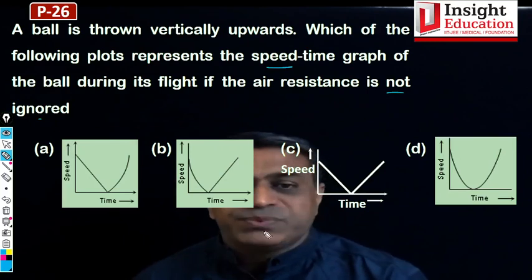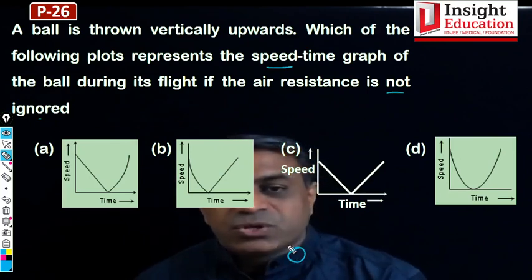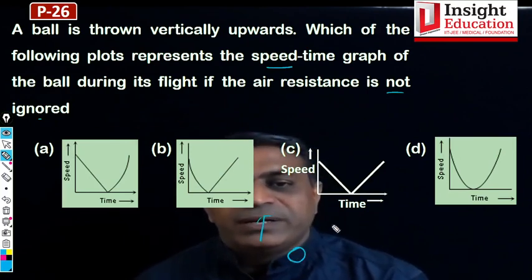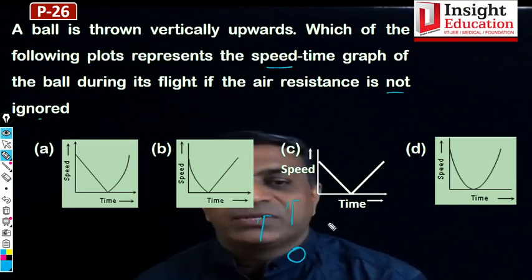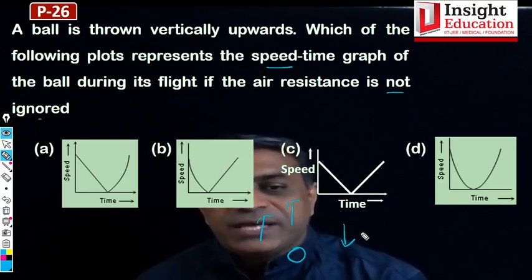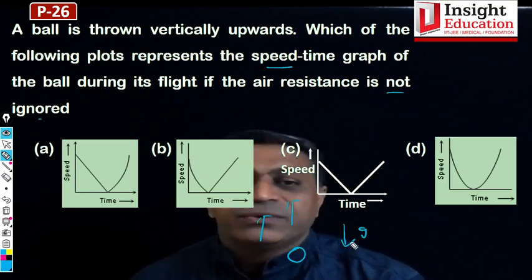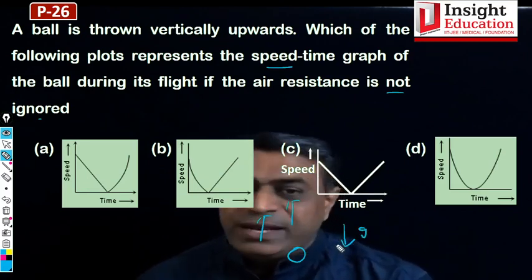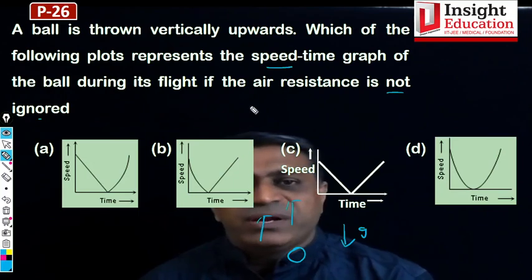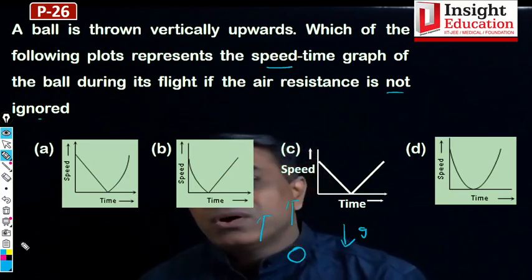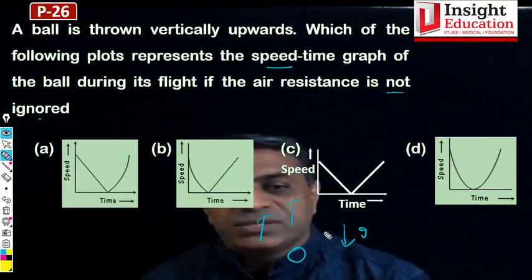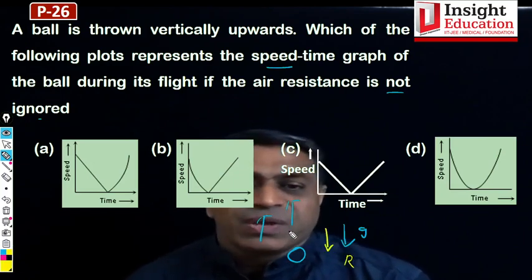Now the object is thrown in the upward direction, so motion is in the positive y direction, and g is acting in the negative y direction. Resistance is always in the opposite direction to motion.